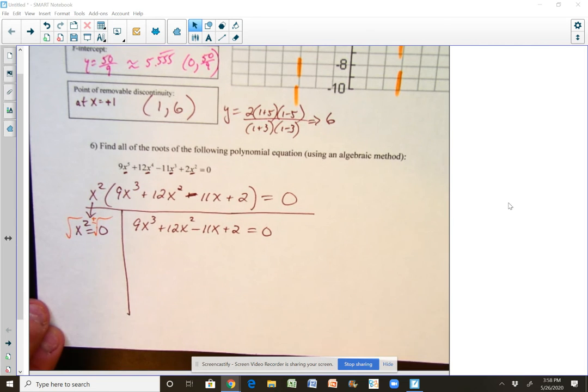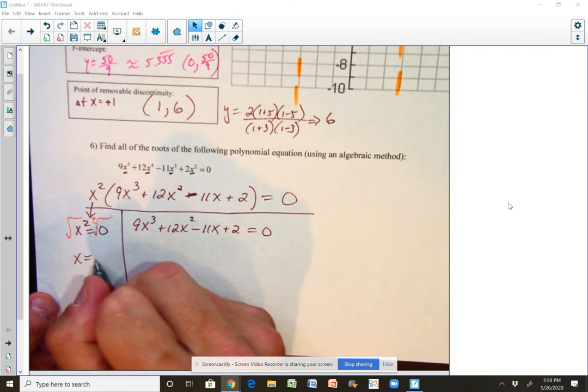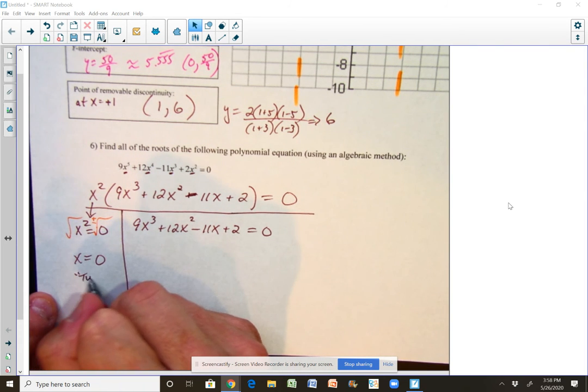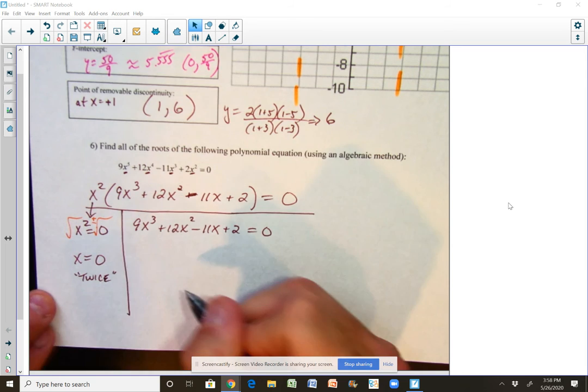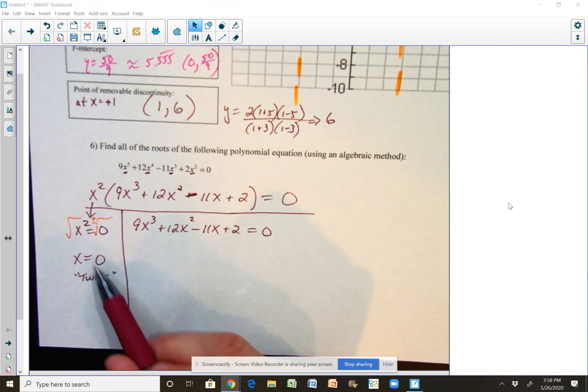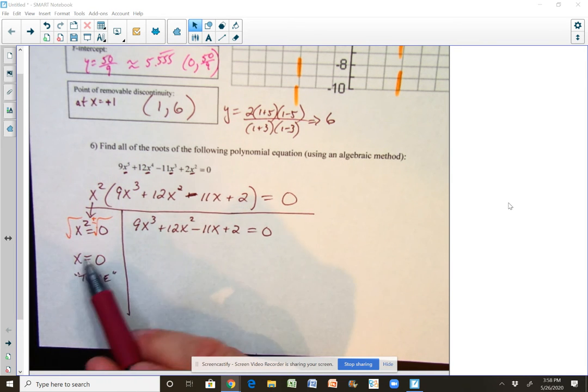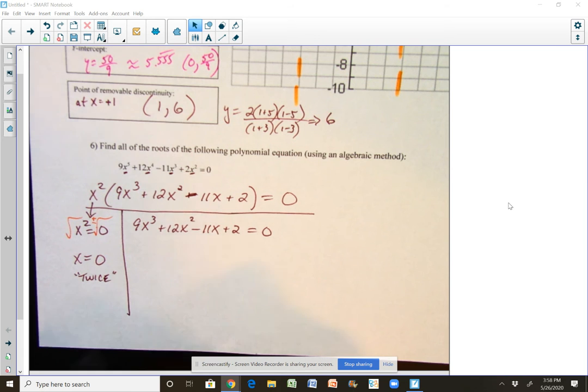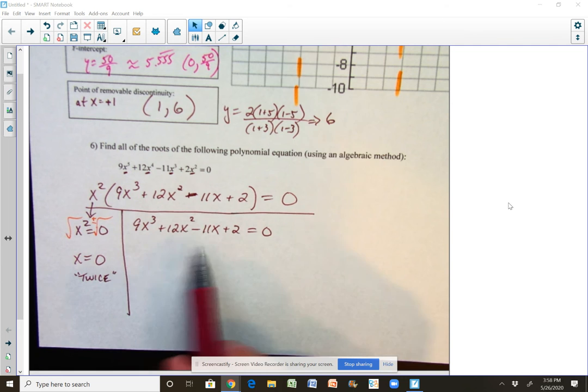So what that means for us is x is going to equal 0, but that's going to happen twice. I'll show you later on in the graph when we look at it. You'll see how the root actually is a double root and the graph bounces off at 0. So now we're left with having to solve this. So this is a bit of a problem because initially we look at it and we say, all right, well, that's not factorable the way it is.